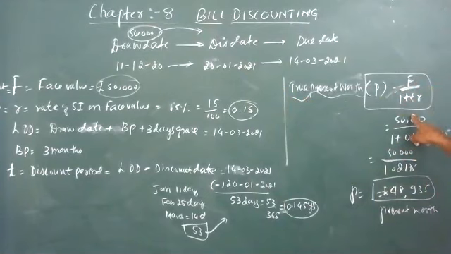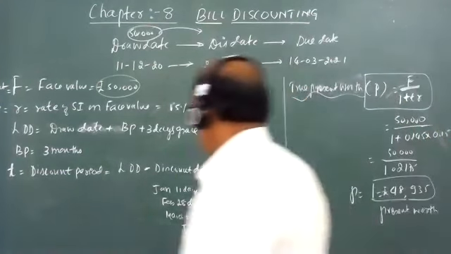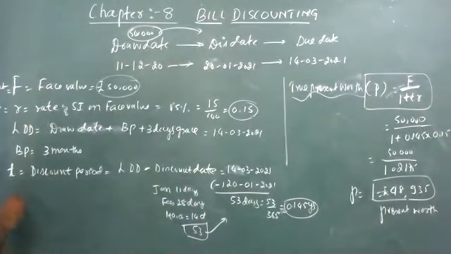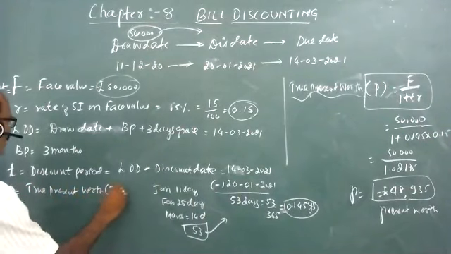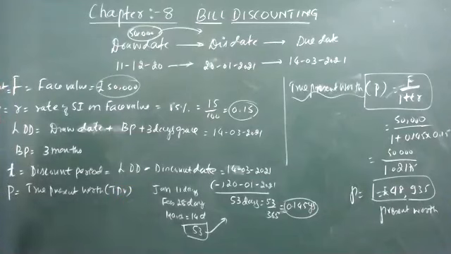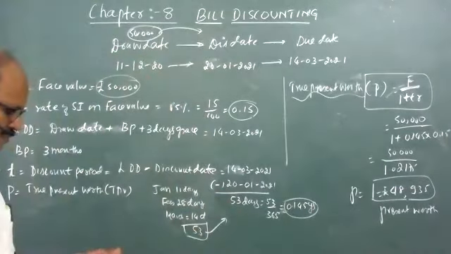The formula is there to remember. With the formula, you get the answer. This amount is always less than the face value. One more formula to add in there: P is the present worth, also called TPV. Correct? So I am adding all the formulas.